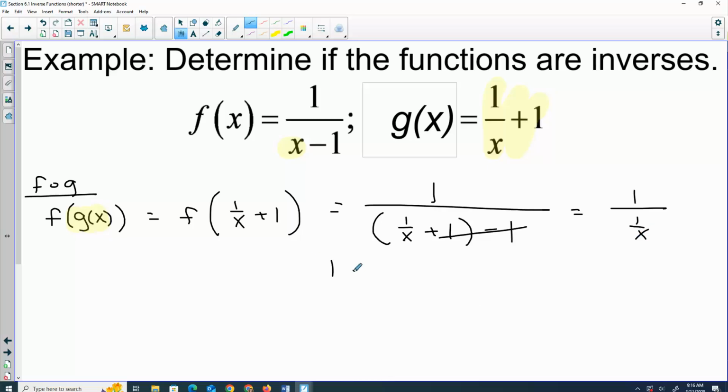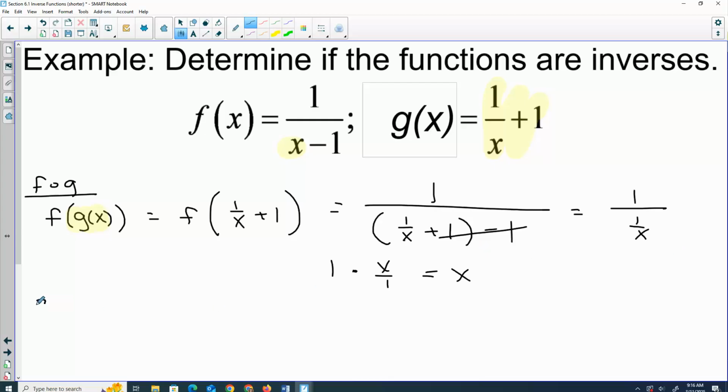If you want to divide by fractions, you multiply by the reciprocal, and we get x. So, do I know for sure they're inverses right now? No, but we can check the other one at this point.